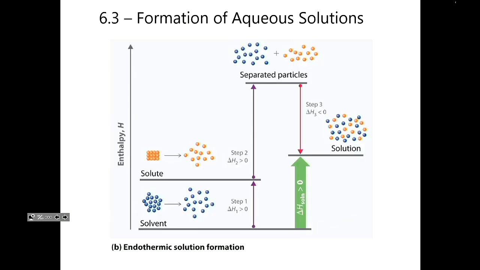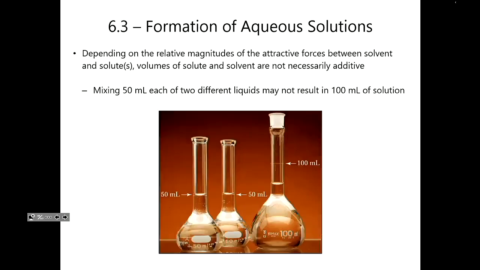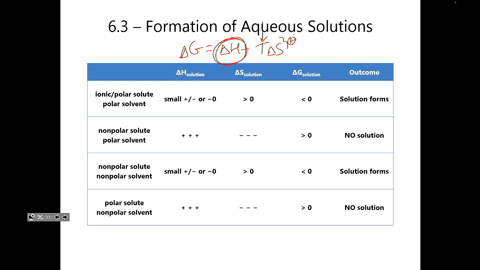There's going to be an enormous deficit. Okay? So that's always going to be positive. And then for reasons we're going to describe in a moment as to why oil and water do not mix, the delta S of the solution is very, very negative when you have things of opposite polarity. We'll explain why that is in a moment. So ultimately what happens is that the delta G is positive, there's no solution.